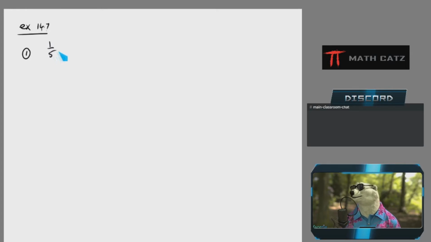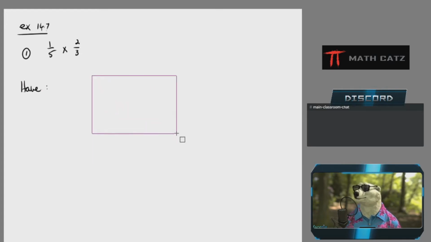So let's take 1/5 times 2/3. Just start with both proper fractions. So now we know the second of these is what I have. So let's represent that. I'm going to give myself a little bit of space in front of it. Like so. Now again, I want to represent 2/3, right?